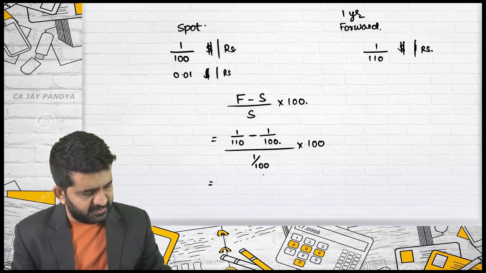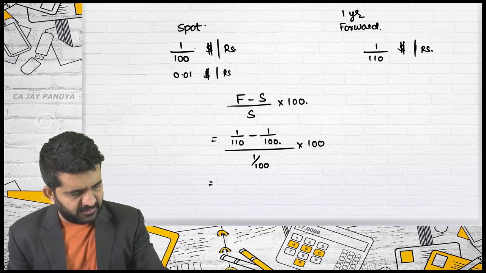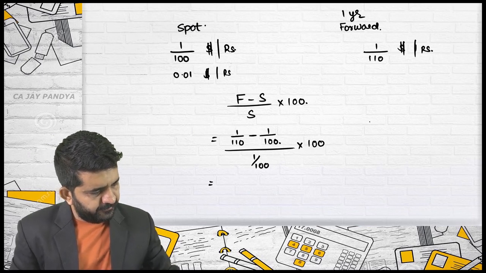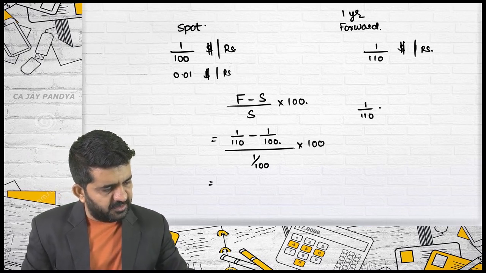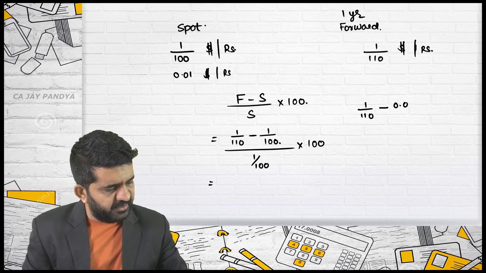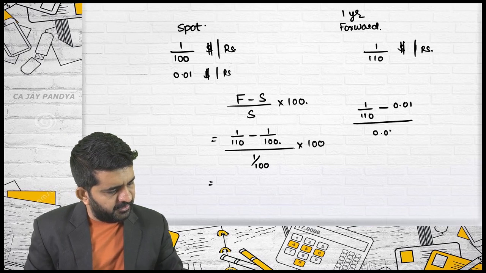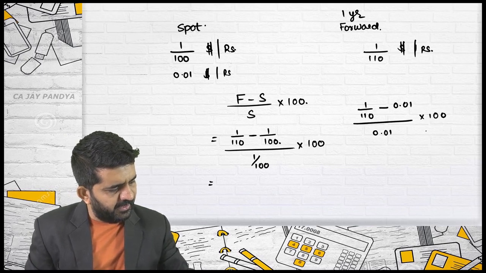Let me keep it as it is so that I get the exact answer. This is 1 divided by 110 minus 0.01, upon 0.01, multiplied by 100.